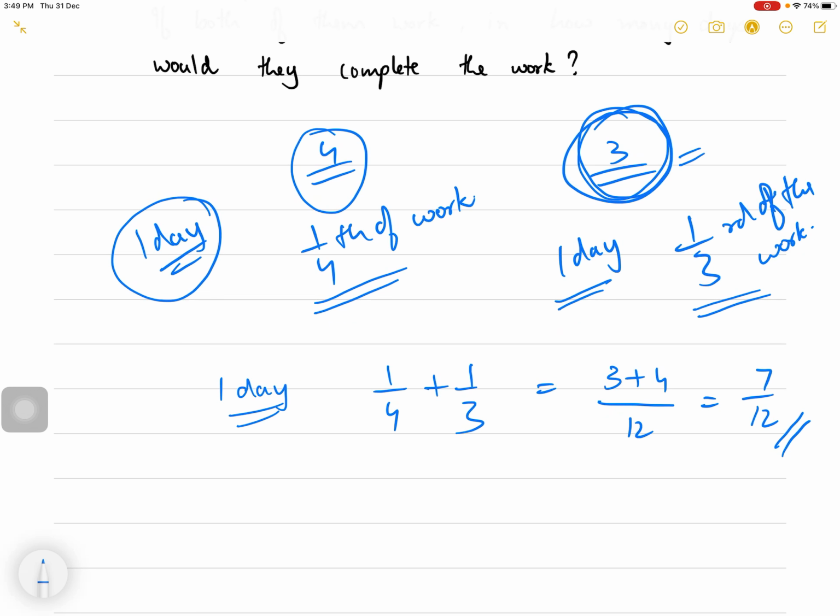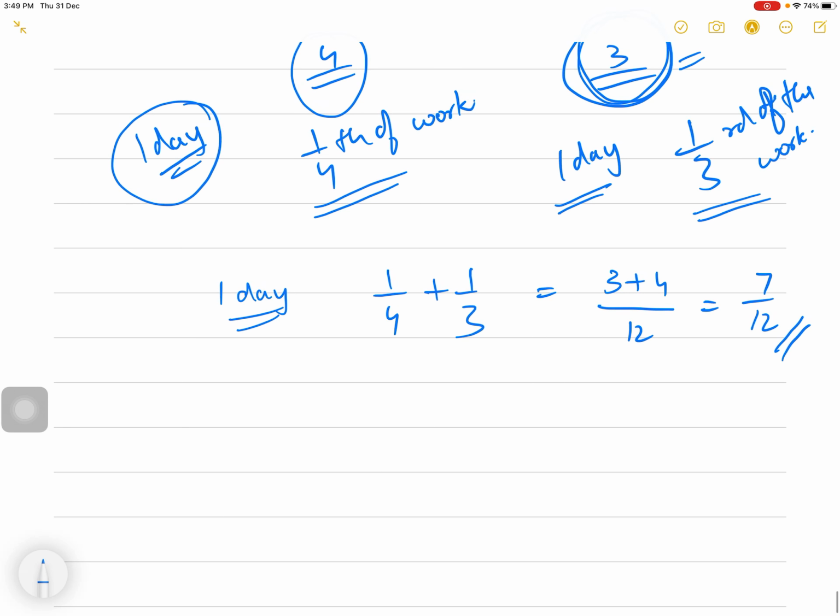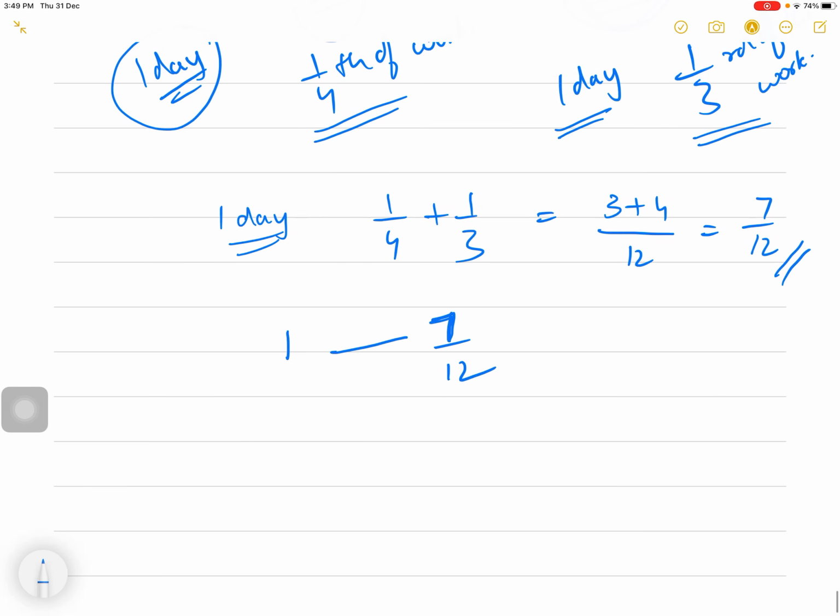Now I can say like that. It takes one day, it takes 7 by 12 of the work. Okay. To complete 12 by 12 of the work, how much time it will take?